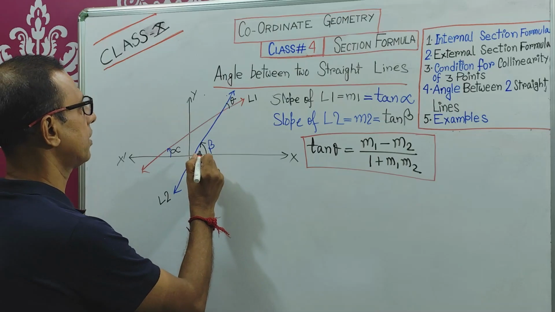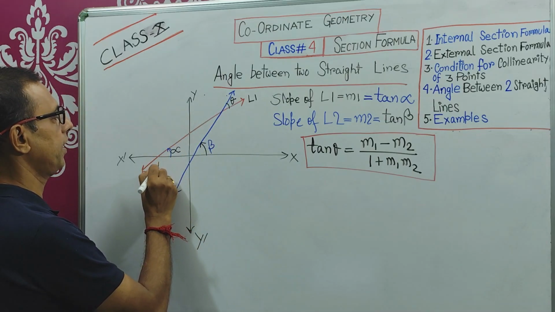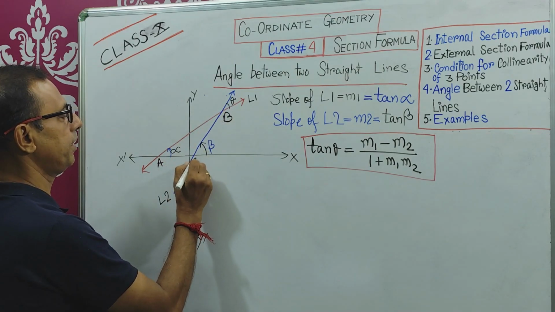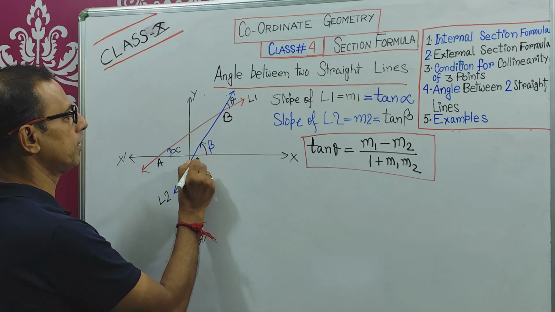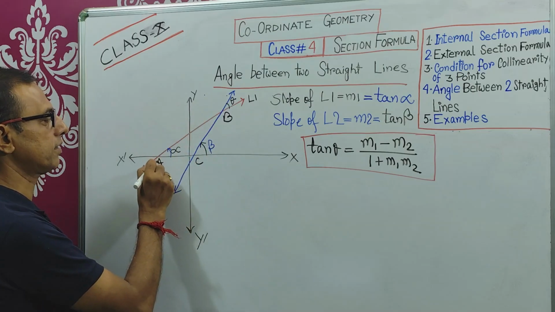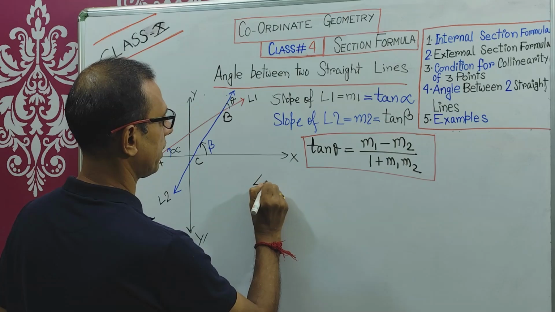Consider this triangle. Let me name the intersection point B, the intersecting point of L2 with the x-axis C, and the intersecting point of L1 with the x-axis A. Consider triangle ABC.